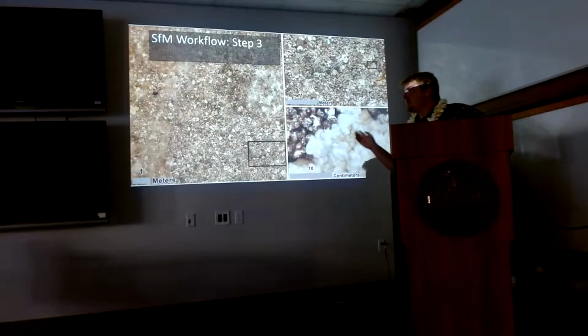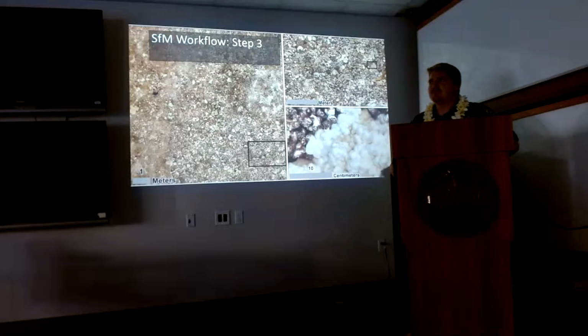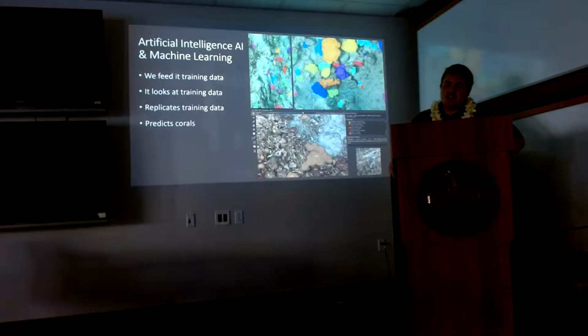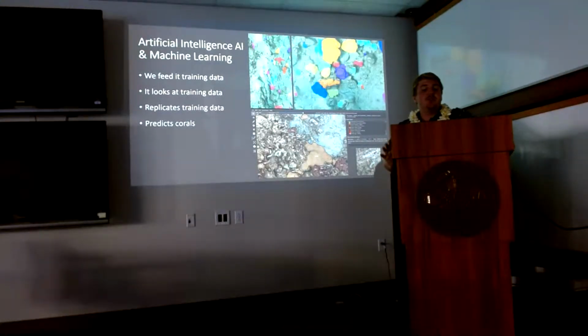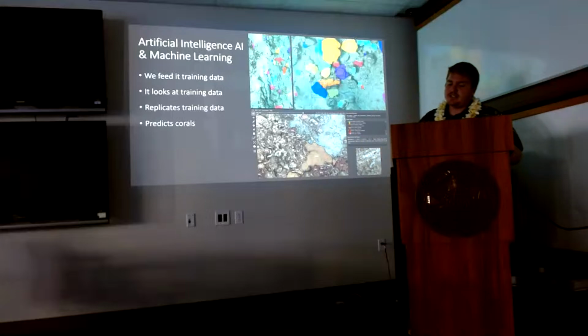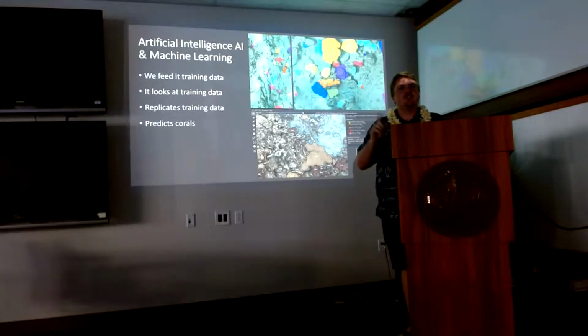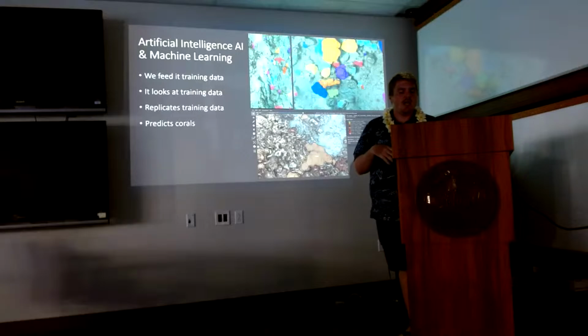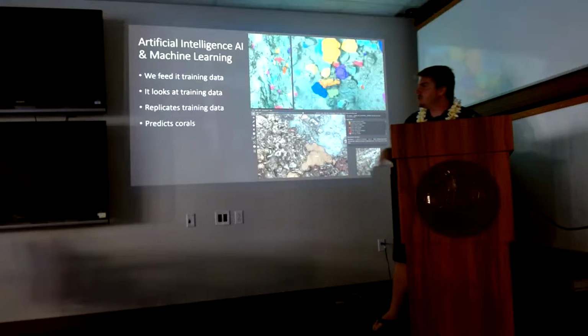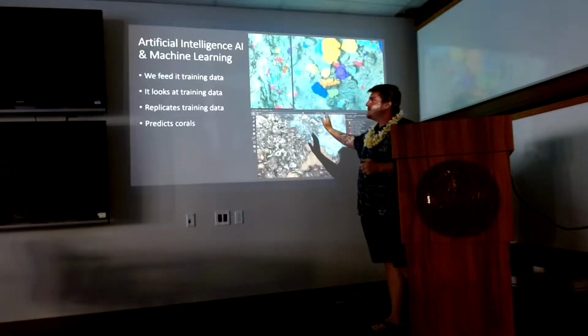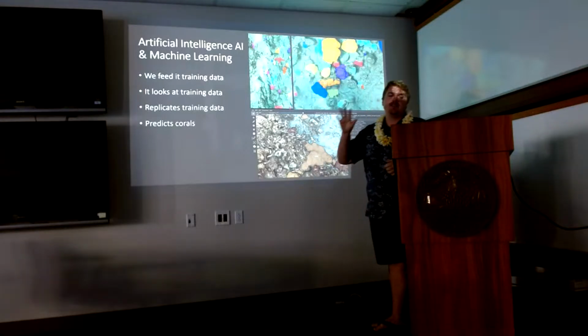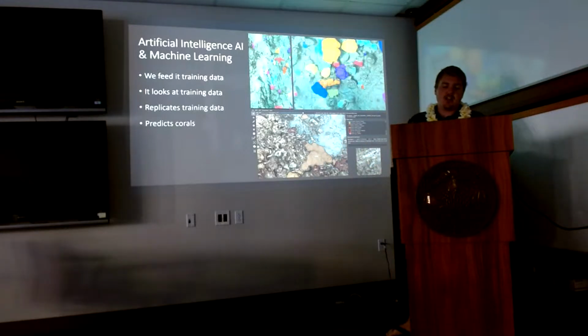So what we've been working on developing over the past probably 5 years, where we're really starting to get tired of tracing corals, is using artificial intelligence or machine learning to automatically annotate all of these colonies for us. We go into a subset of this and use programs like TagLab, which is like a machine learning assist that lets us trace corals in a fast way. We trace a few colonies, tell it some of the different species, and feed this data into a machine learning algorithm.